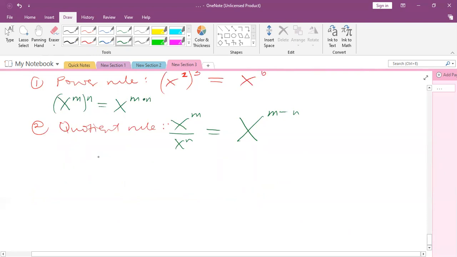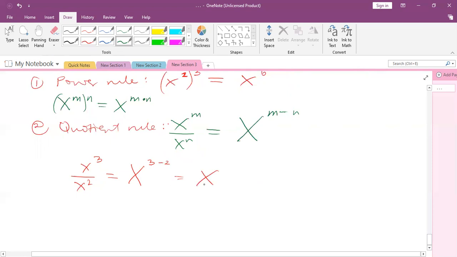For example, if I have x to the power 3 divided by x squared, this is equal to x, that's the base, raised to the power 3 minus the lower exponent 2. So it's just x to the power 1, which is x. Okay. So what does this mean?